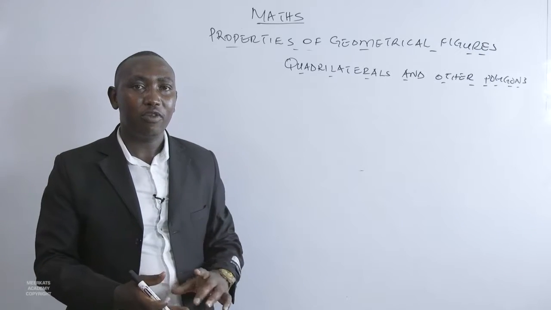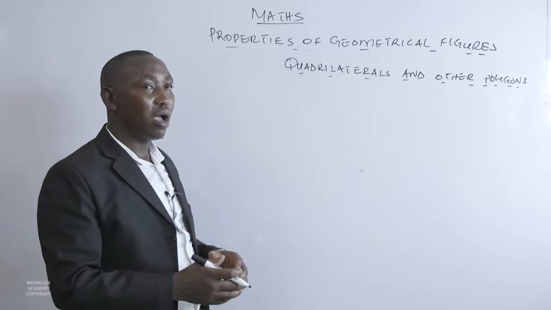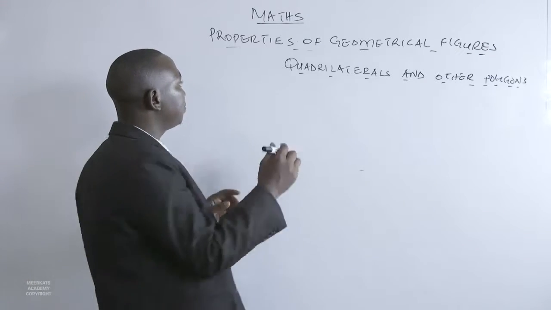We have a special formula for calculating the sum of interior angles of a polygon that has n sides.